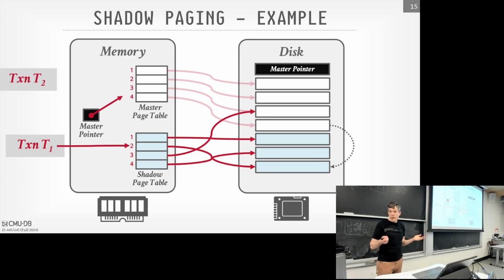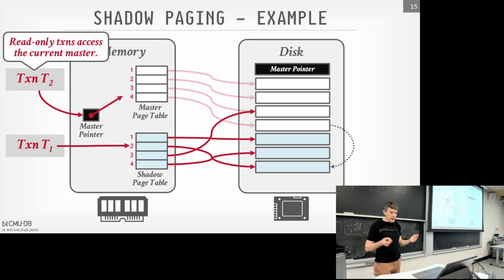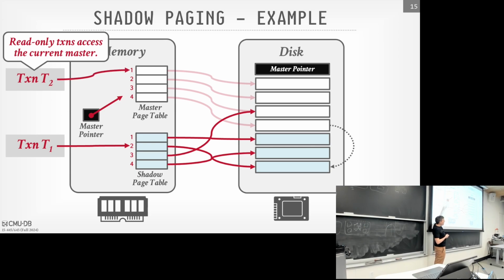Now, if any other transaction comes along at this point and is read-only, then they'll look at the master pointer record, and they'll see, okay, here's the location of the master page table, and so it'll read all the data it wants from the master page table. So it's seeing the older version of the database, and doesn't see any of the changes that the writing transaction made.